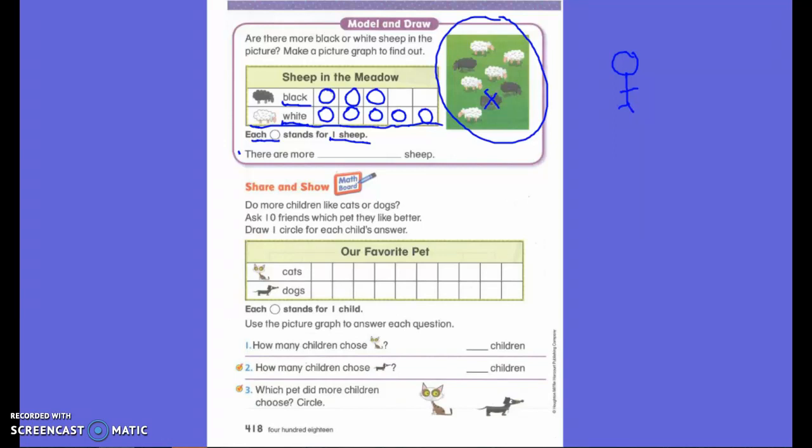Who does not have a partner. Look at this, first grade. These are partners. These are partners. These are partners. How many do not have a partner? So there are 2 more white sheep than black sheep. Does everyone see that? Yes. Okay, very good.